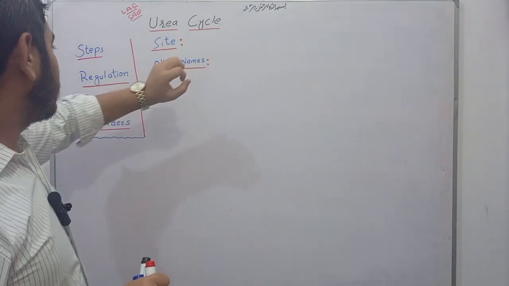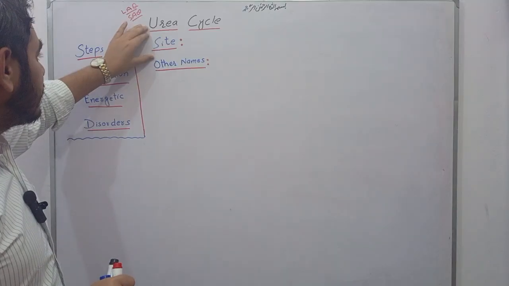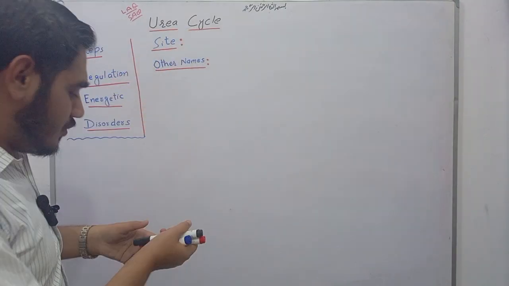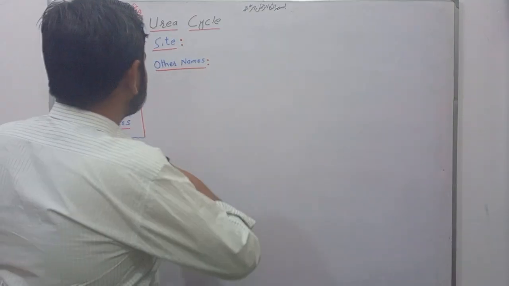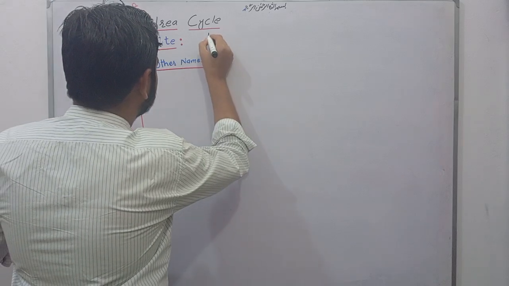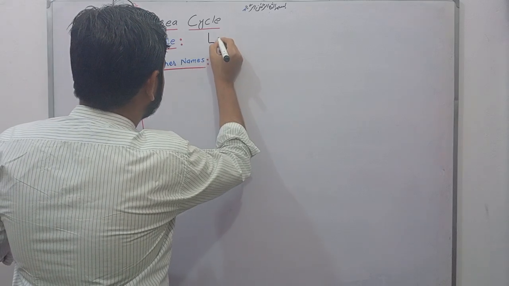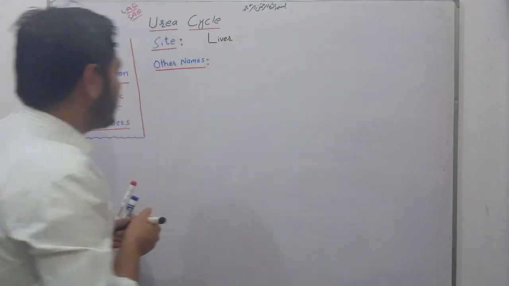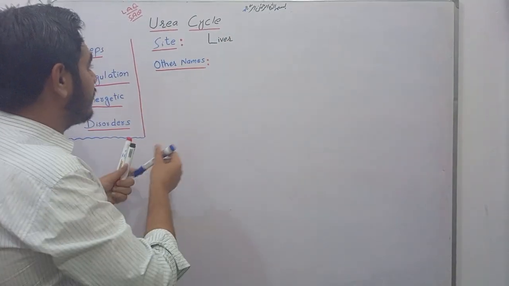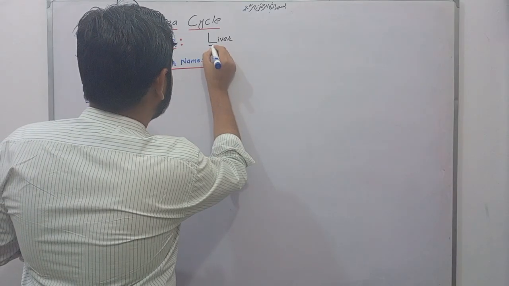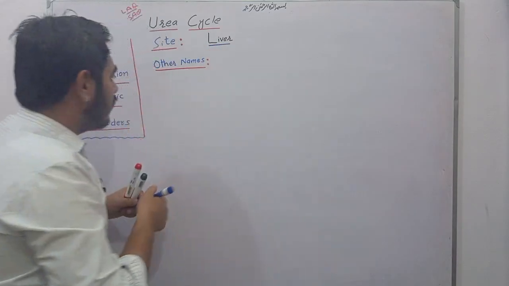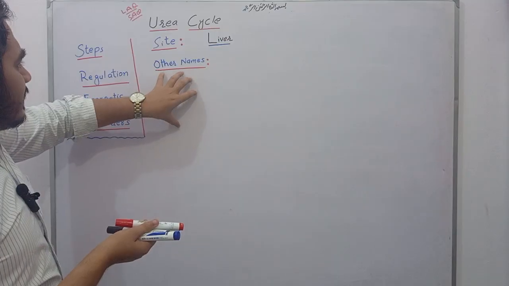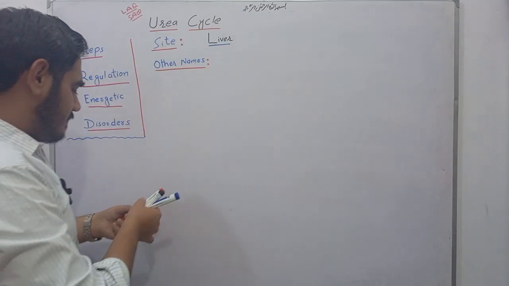Urea cycle. The main site for the process of the urea cycle is the liver. This urea cycle process takes place inside the liver. Now coming toward the other names of the urea cycle.